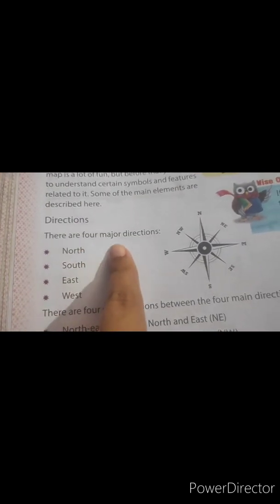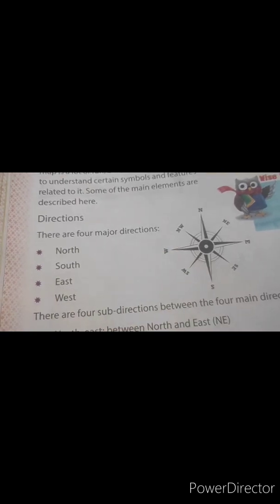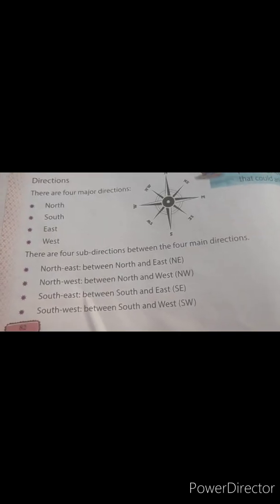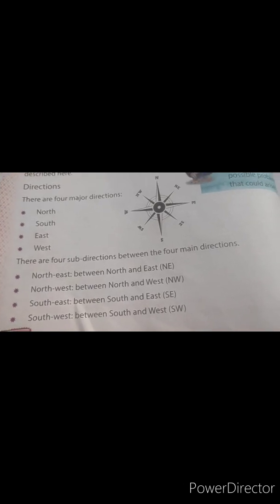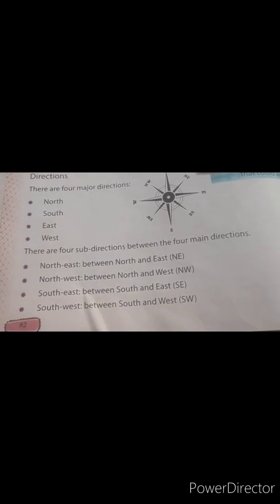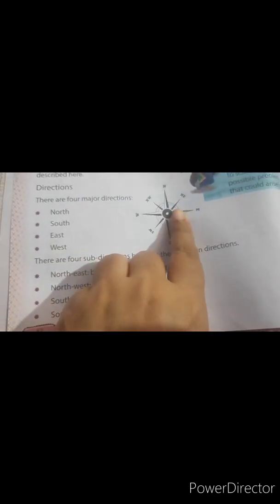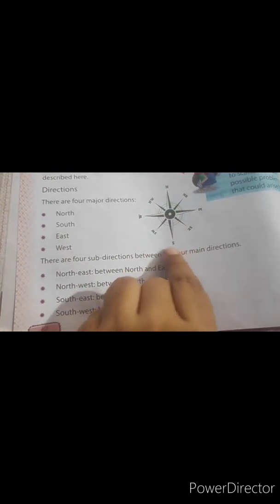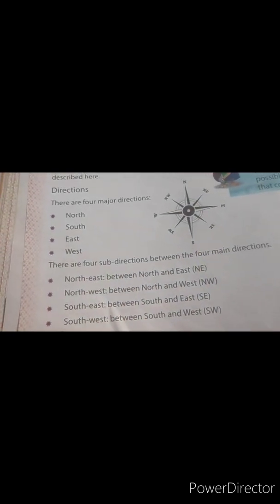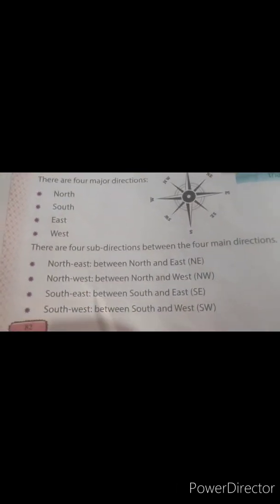There are four major directions: north, south, east and west. There are four sub directions between the four main directions. These are the four main directions and these four are the sub directions which are between the main directions.